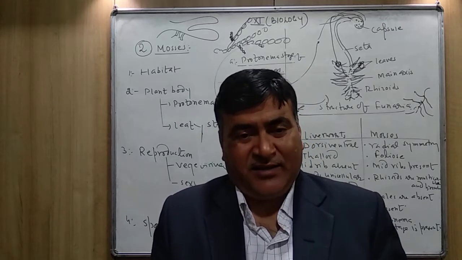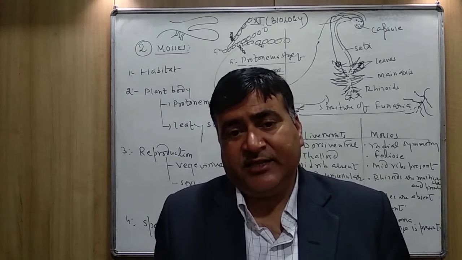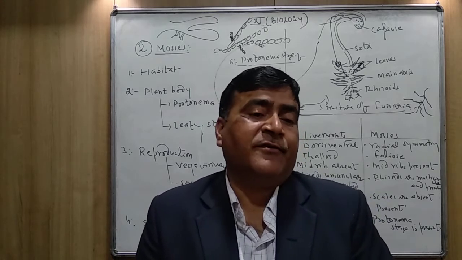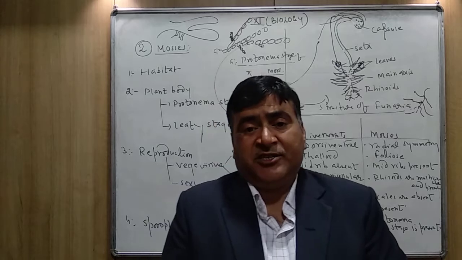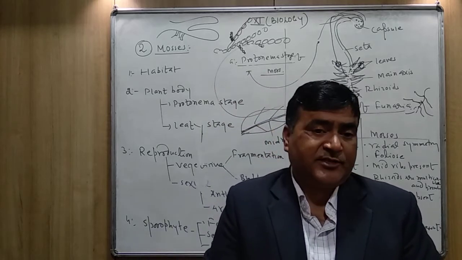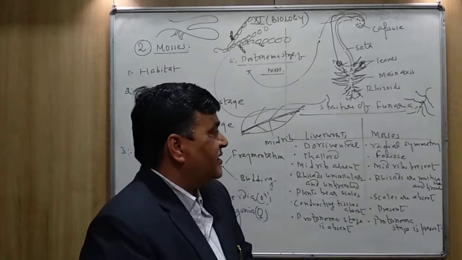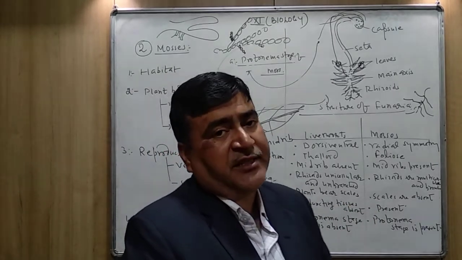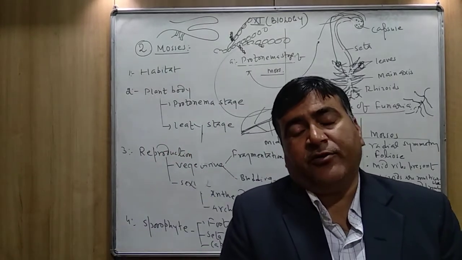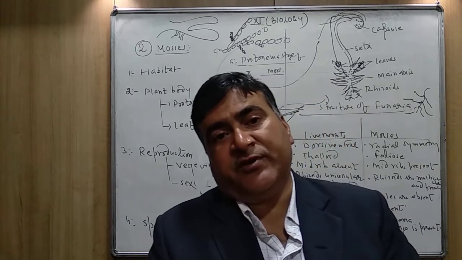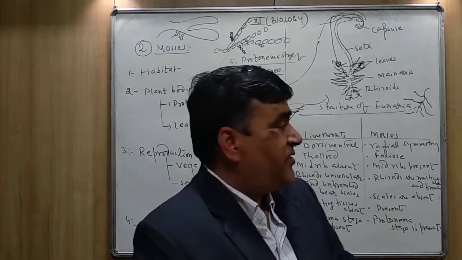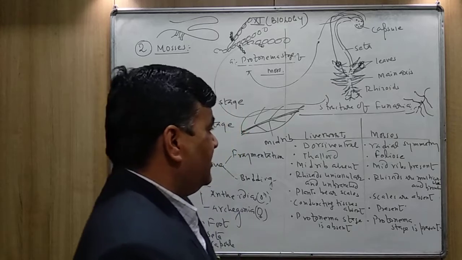They are not advanced like in angiosperms, but still specialized tissues are present. So overall, the conducting tissues are absent in liverworts, while the transporting tissues are found in mosses.